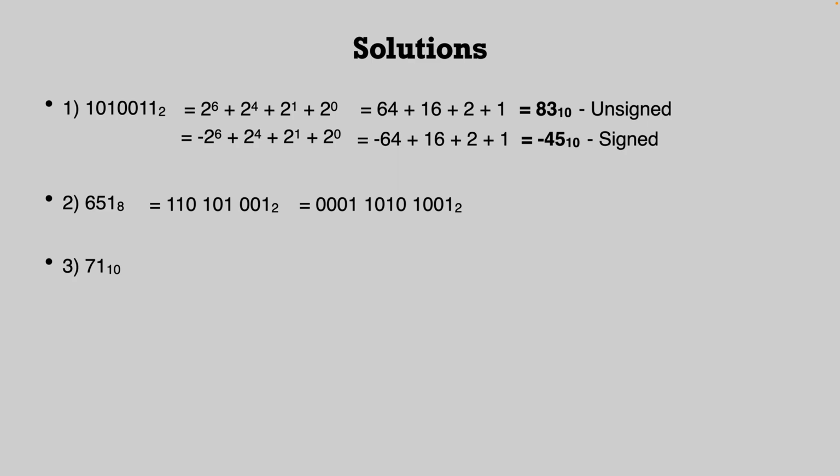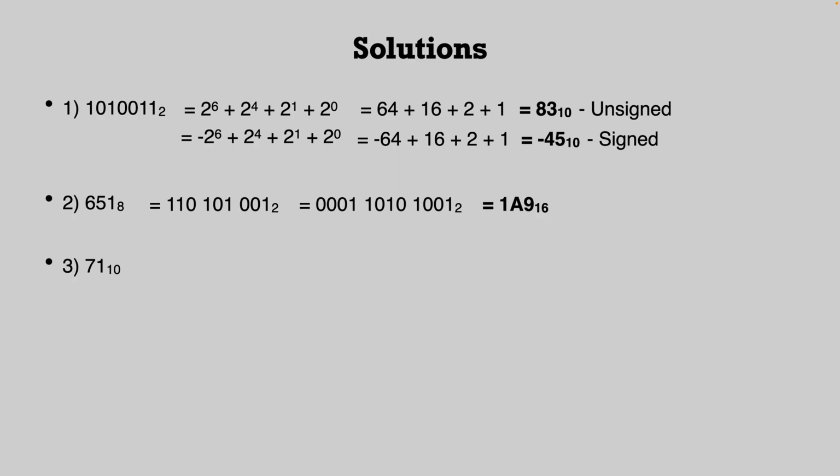Then it's pretty easy to convert those groups into the corresponding hexadecimal digits, and in total we have 1A9 as our final hexadecimal value.